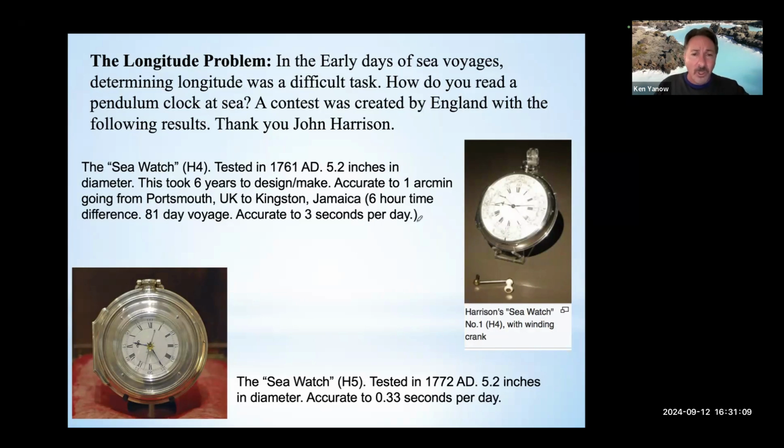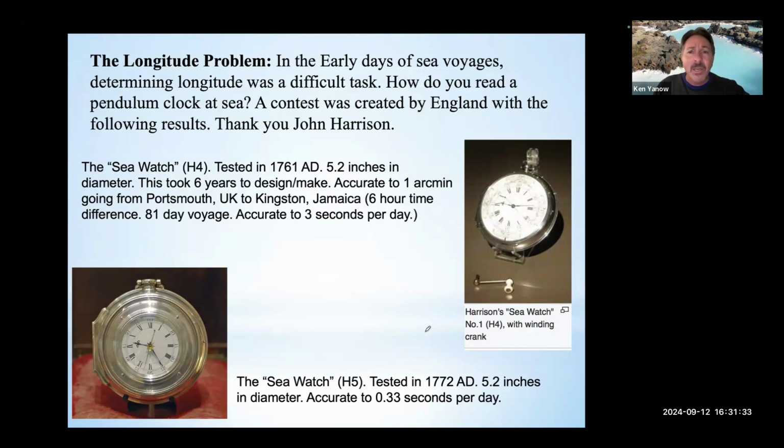Going from Portsmouth, UK to Kingston, Jamaica, which is a 6-hour time difference, 81-day voyage, accurate to about 3 seconds per day. That's not bad. You look here at the Sea Watch H5, tested in 1772 AD, also 5 inches in diameter. Now this one accurate to 0.33 seconds per day.